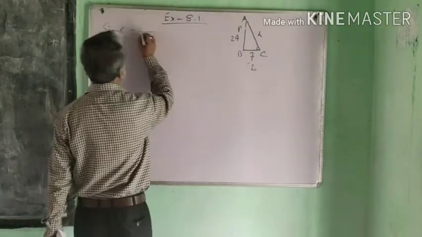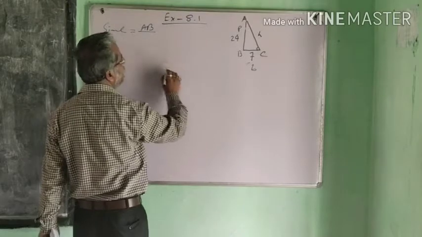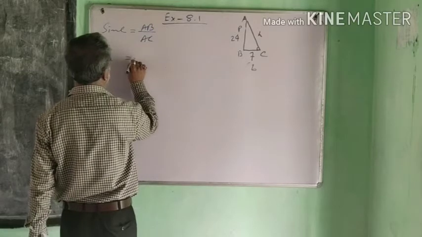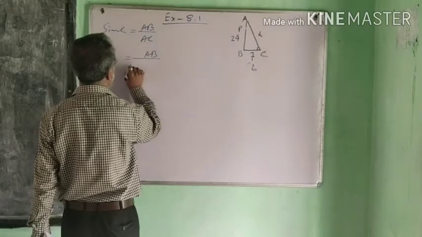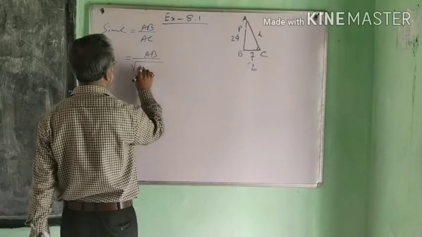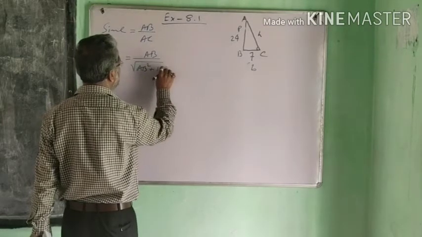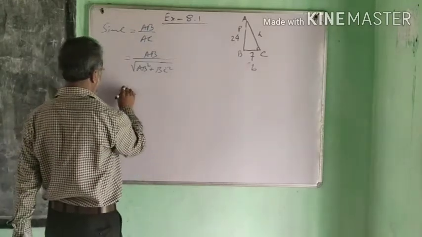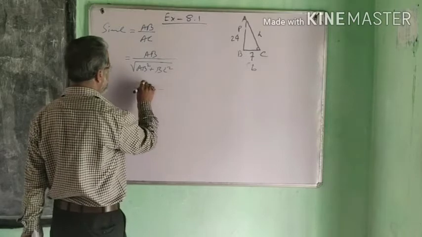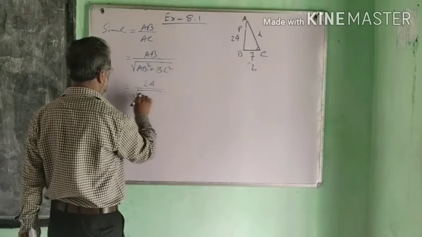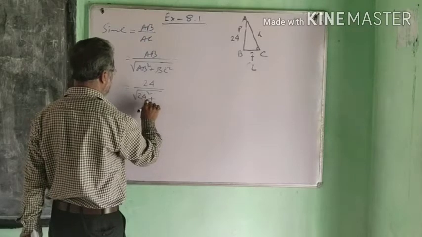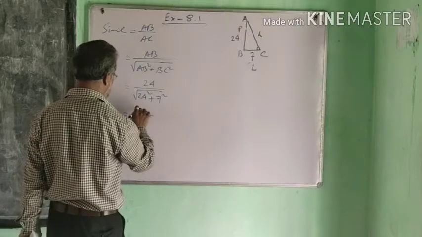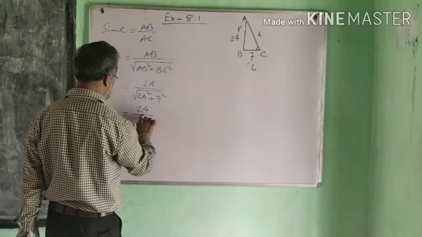Perpendicular is AB and hypotenuse is AC. Thus it is AB by AC, that is AB over root of AB square plus BC square. Now put the values. AB is 24. So it is 24 over root of 24 square plus 7 square, which is 24 by 25.